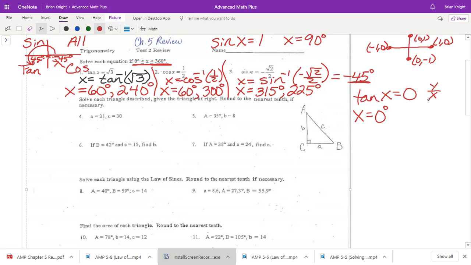Now, if this is equal to 0, what has to be 0, the top or the bottom? The top one has to be 0. So you're looking for where y is 0. Is y 0 here? Yep. That's why we got 0 degrees. Is y 0 here? Nope. Is y 0 here? Yes. So it's also 180 degrees.